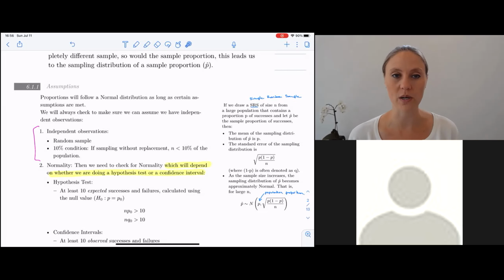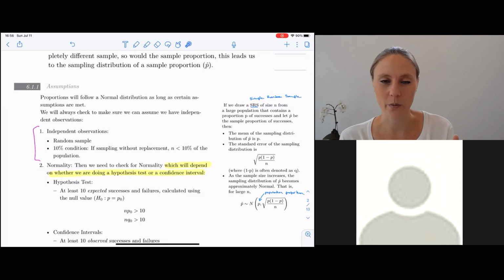So for a proportion question, as soon as you've decided, okay, this is a proportion question, great, I know I have to check my assumptions, good. Then I would encourage you to read the entire question and see if you have to do a hypothesis test or a confidence interval or potentially both.